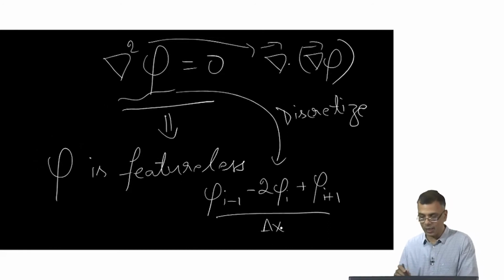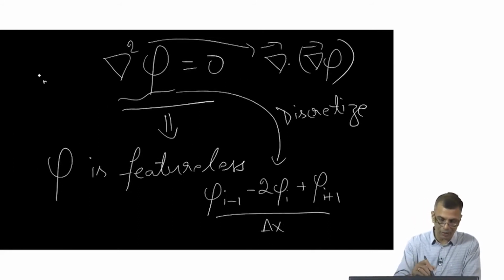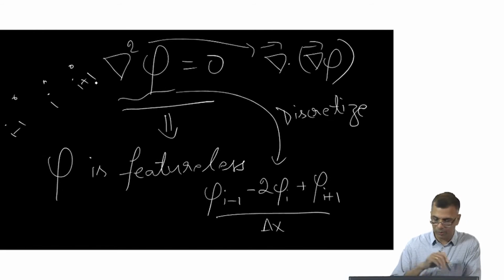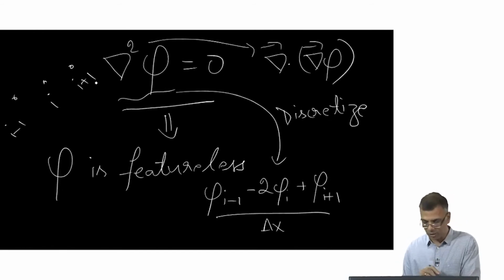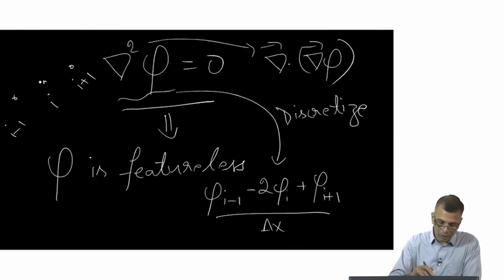What this is really saying is that the middle point phi I, on a grid like this, with I minus 1 here and I plus 1 here, is the average of its neighbors. You can discretize in the other direction also, but it's not so important for our purposes.